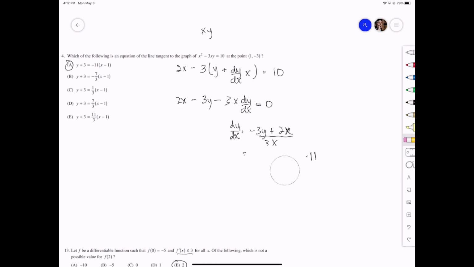So if you plug in the values, it's negative 9 plus 2 over 3, negative 11 over 3. Oh wait, no, it's not negative 9, sorry. It's 9 plus 2. Wait, hold on, sorry. It should be 11 over 3. Yeah, it's 11 over 3. So E is the answer, not A.